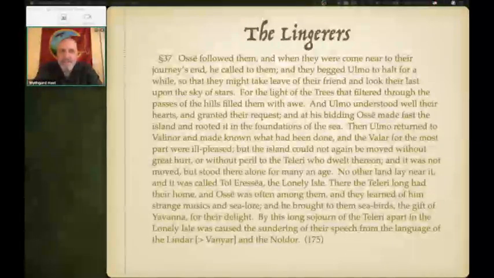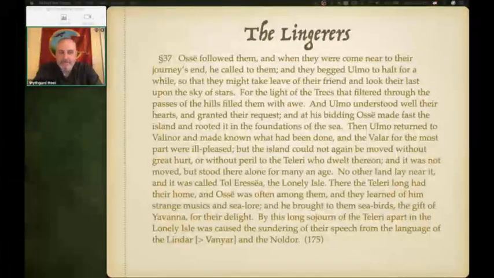We can still see clearly the origins of these stories in Tolkien's linguistic and language creation process, right?